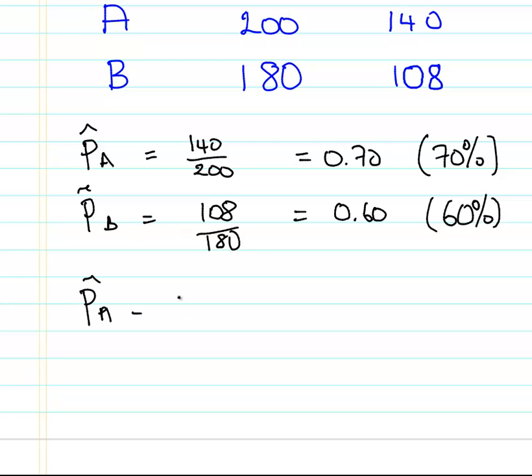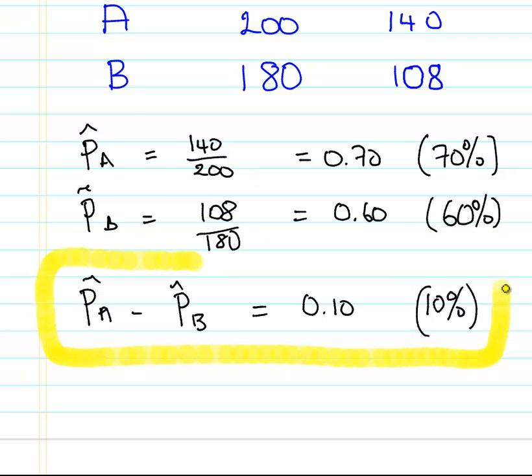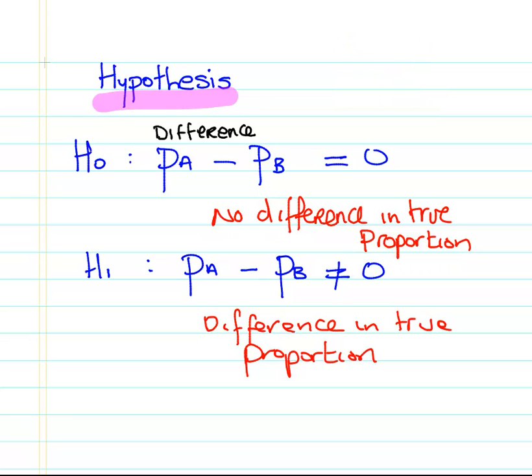PA minus PB equals 0.10, as in 0.70 minus 0.60, as in a 10% difference. That's going to be our key point estimate for this calculation. Now let's move back. So we have it expressed as a difference here. Under the null hypothesis, we expect a difference of 0.